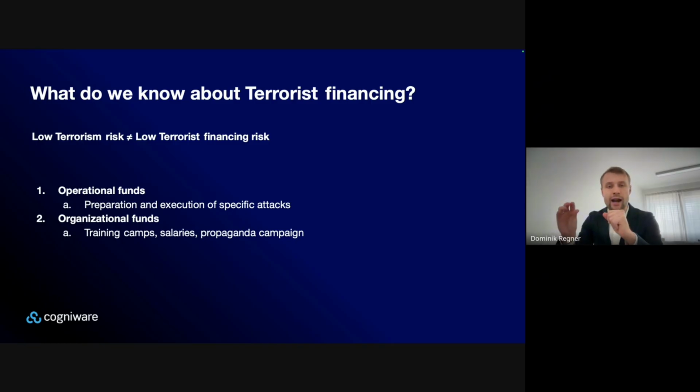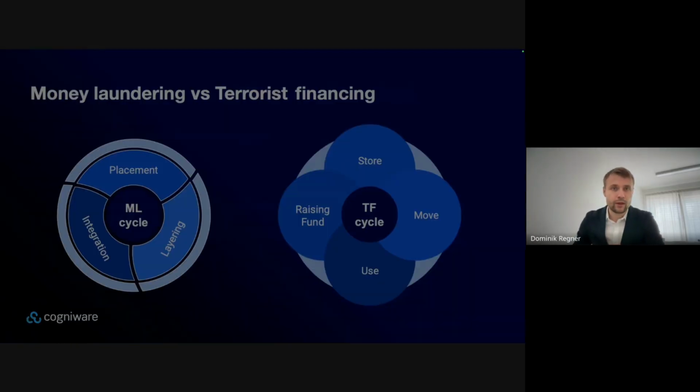Organizational funds are the money to keep the group running day-to-day. It's about training camps, salaries of the terrorists, propaganda, or basic logistics. Understanding both types of funding is key to being able to raise red flags before the actual attack happens.